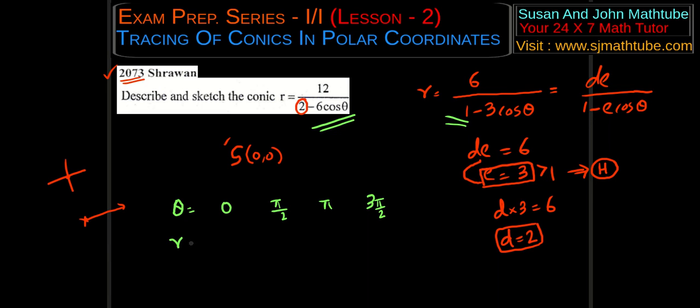So we get r is equal to, when we plug in 0 degrees, cos 0 is 1, you can use the calculator. So 6 by 1 minus 3, that will be 6 by minus 2, that is minus 3. When we plug in 90 degrees, we get 6, and cos 180 being minus 1 will make it 6 by 4, and that is 3 by 2, and again we are going to get 6.